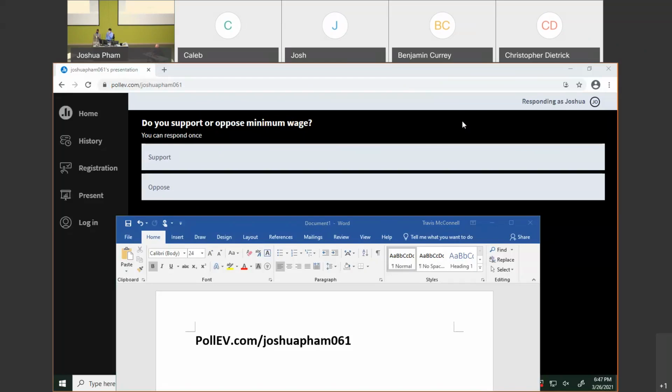It looks like our final numbers right now are 39% in support and 61% oppose. Yeah, but what was the original? The original, I believe it was.